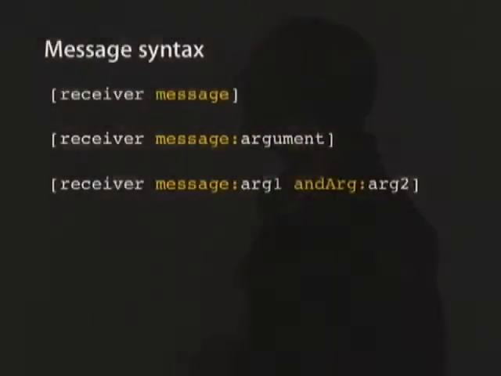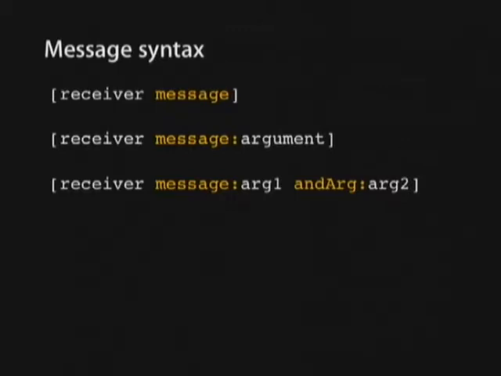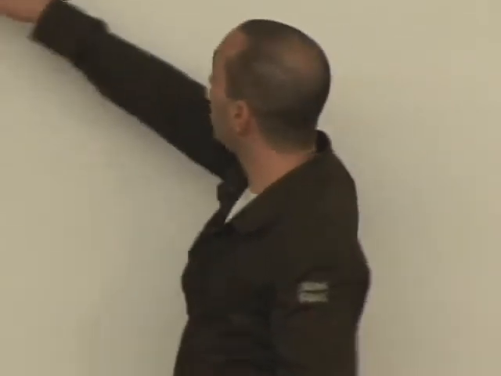And then if you have multiple arguments that you want to pass in, you keep appending a string and a colon. So in C, you're used to a function name followed by brackets, and within the brackets are the comma delimited arguments that you want to pass in. In Objective-C, they're separated by identifiers.